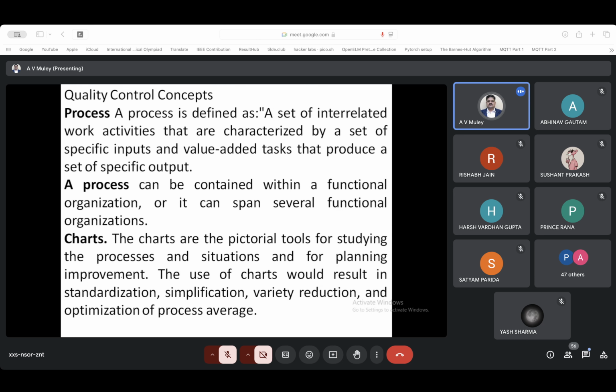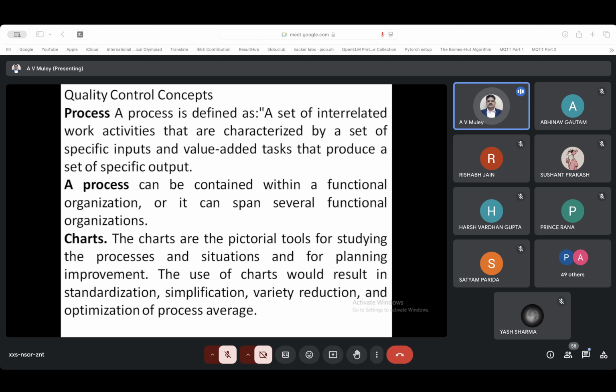तो ये हो सकता है आपका एक ही हो या मल्टीपल हो, तो ये चीजें हो सकती हैं सिंगल ऑर्गेनाइजेशन और मल्टीपल ग्रुप ऑफ कंपनी जिसको बोलते हैं ना, लाइक दैट. The charts are pictorial tool for studying the process and situation and for planning improvement. The use of chart would result in the standardization, simplification and variety reduction and optimization of process average. जो मैंने अभी चार्ट दिखाया था ना आपको, that is called the control chart basically. इस तरह से चार्ट आपको बनाना होता है. तो चार्ट का पर्पस क्या है?